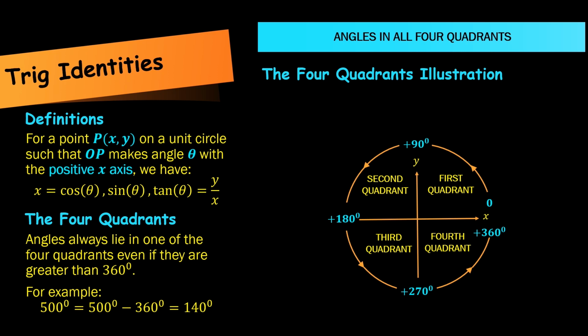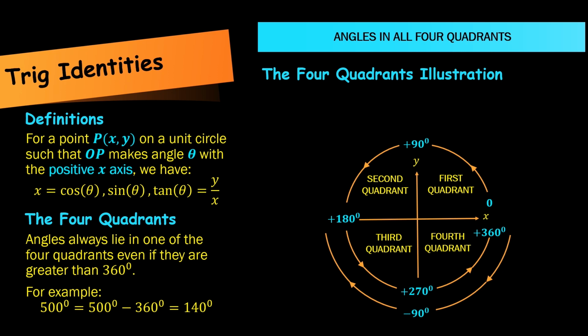And of course this is the same as 0 degrees. Now if we go the other way, we're at minus 90 degrees here in the fourth quadrant, so between 0 degrees and minus 90 degrees.